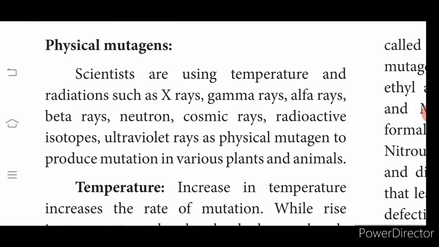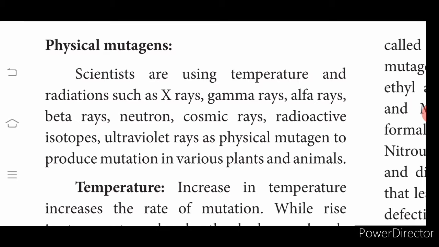We shall see examples of physical mutagens, then you will understand what a physical mutagen is. Mutation can be brought about by an increase in temperature and by radiation.